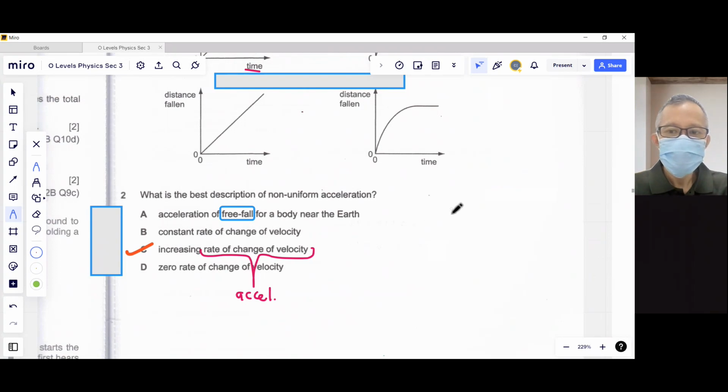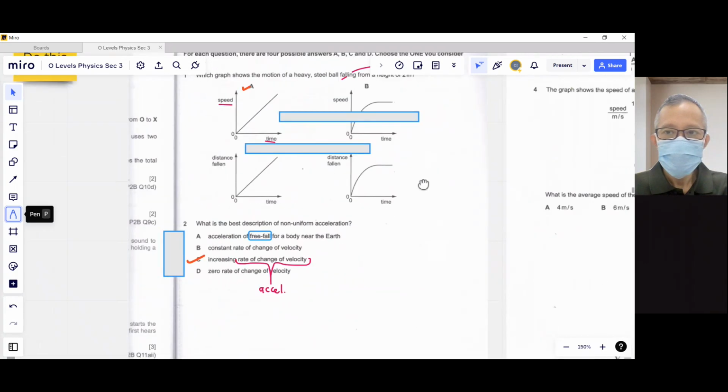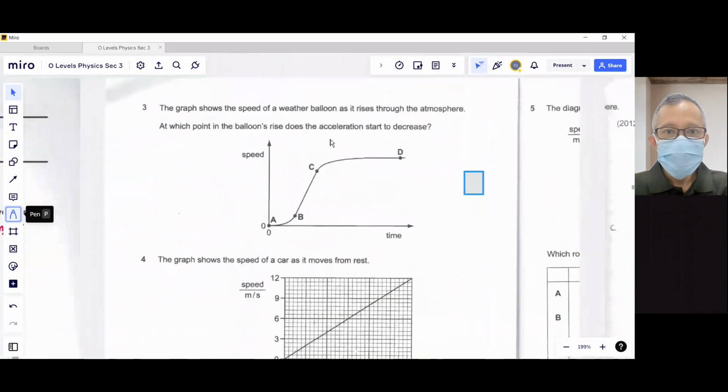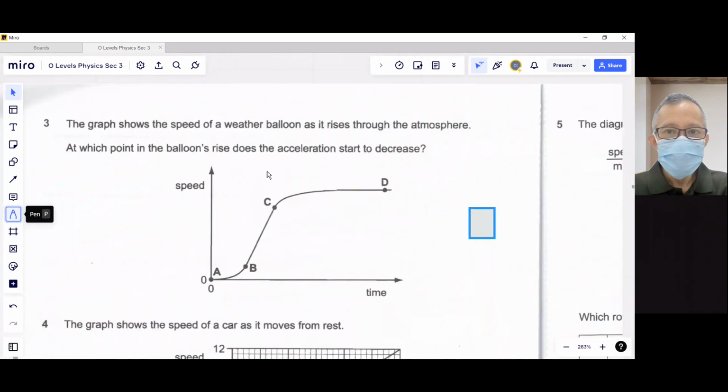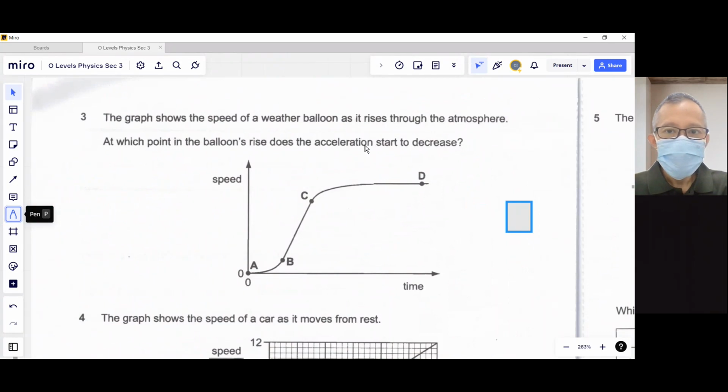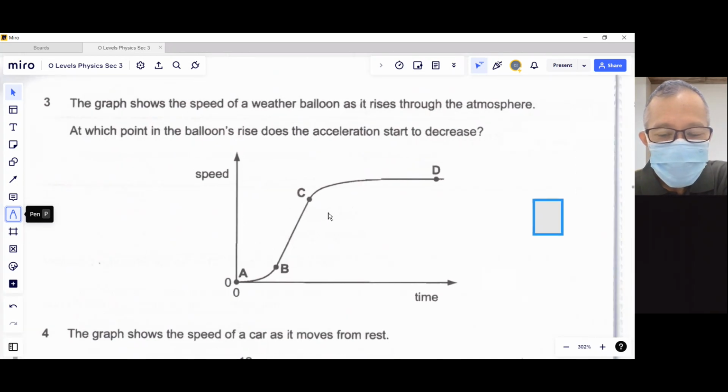Number 3. Look at number 3, speed of a weather balloon as it rises through. Which point does the acceleration start to decrease? Fujin, you better know the answer. B? No. What's your answer?